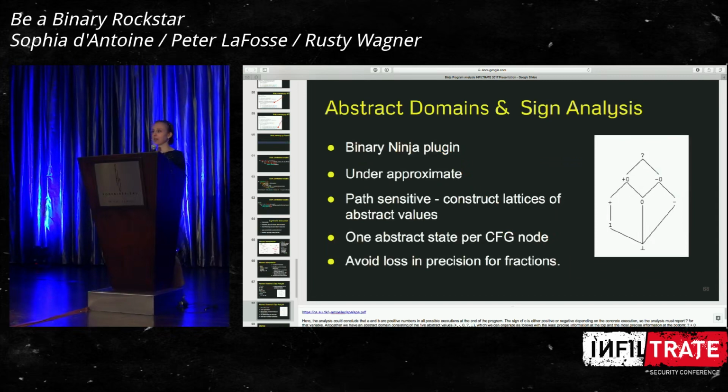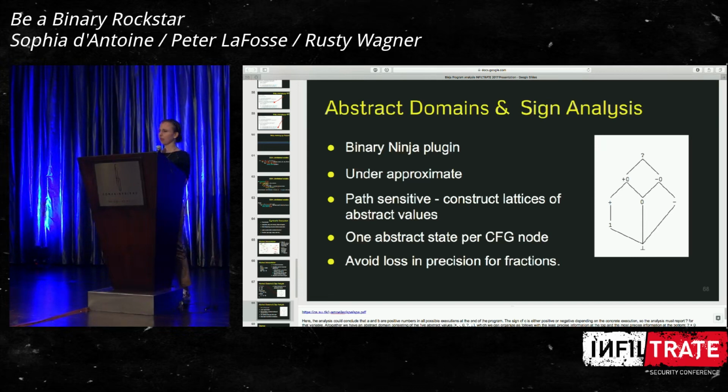So I wanted to create a sign analysis tool using the Binary Ninja API that analyzed the program through all of its variables through the lens of sign, so I could look for type confusion bugs. For this tool, I wanted to under-approximate, and I wanted it to be path sensitive. That means I wanted to take the CFG of maybe a function and put it into different slices of a lattice, which is the structure I used, where each slice represented a potential path through that function.